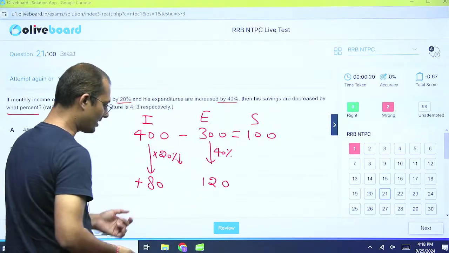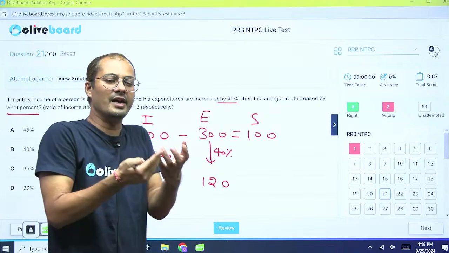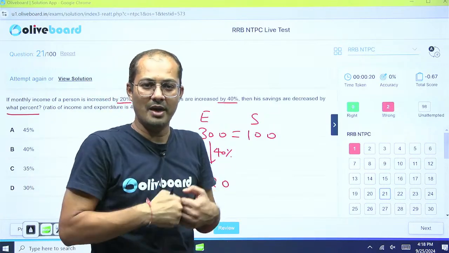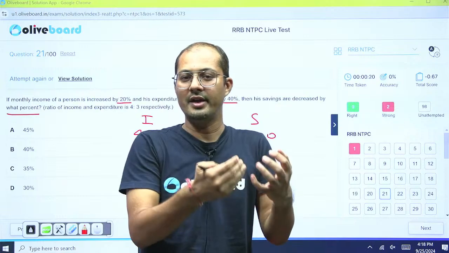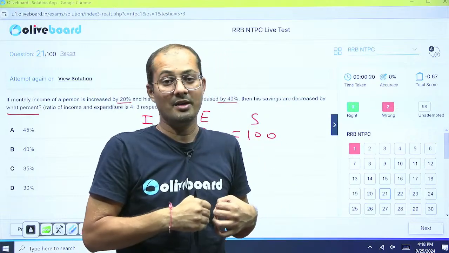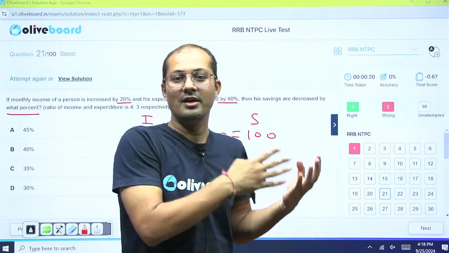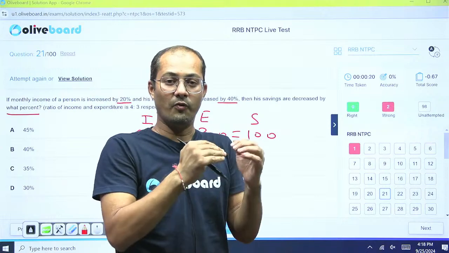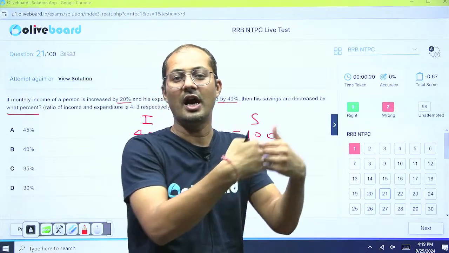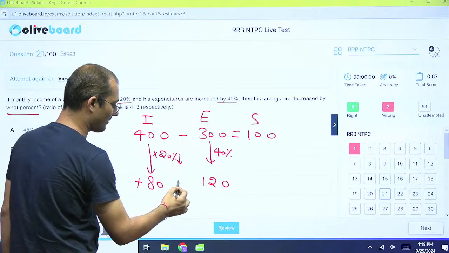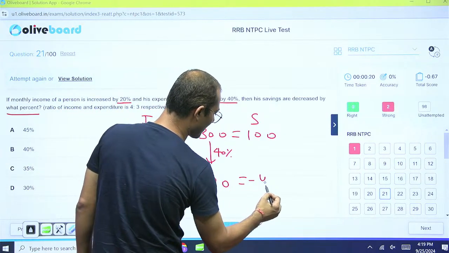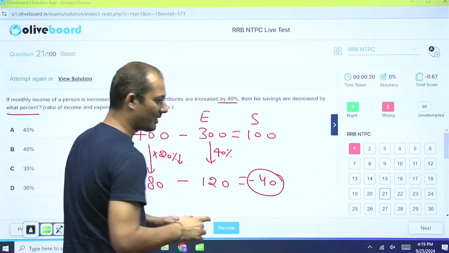So here my income is increased by 80. It means I am getting 80 rupees more in my pocket, right? 80 rupees more is going to be in my pocket. But when we see the expenditure part, 120 rupees is going out from the pocket. It means 40 rupees extra is going out from my pocket.